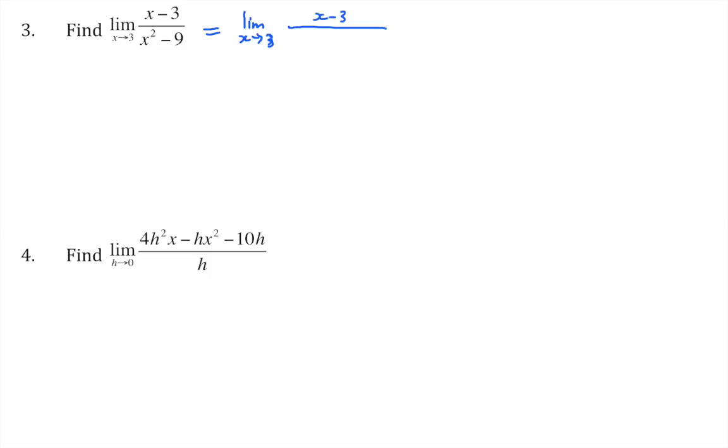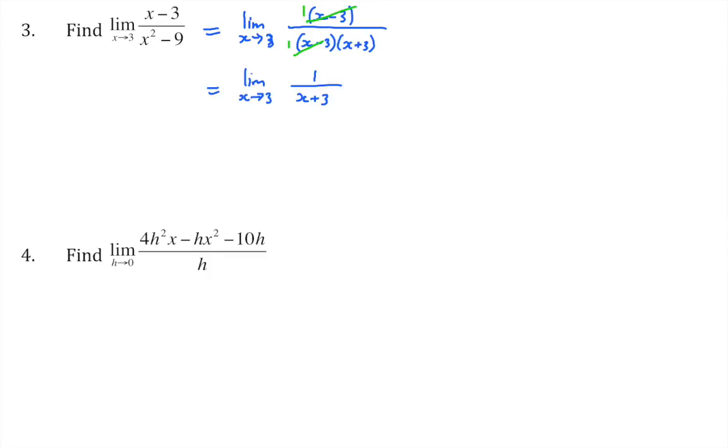So that would become x take 3, x plus 3. And then you can see that I've got some brackets that are the same. They go into each other once, they'll cancel, which will leave me with the limit as x approaches 3 of 1 over x plus 3.